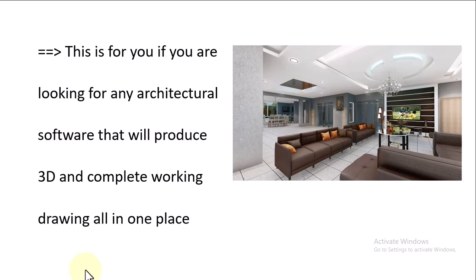Because Revit is not like AutoCAD where you do your 3D and do your 2D in another place. With Revit, you produce everything in one place. Okay, produce your working drawing, your 3D, everything in one place. So if that is the kind of software you are looking for, then ensure that you stay with me till the end of this video.